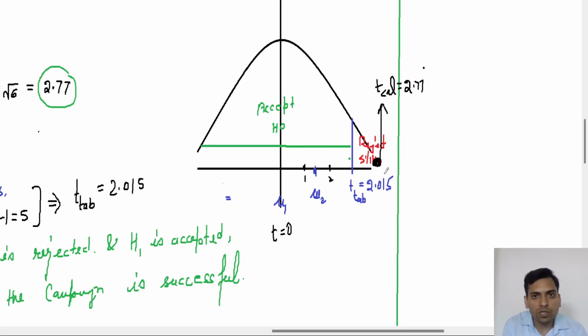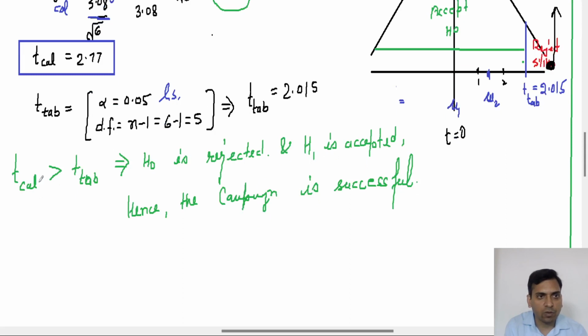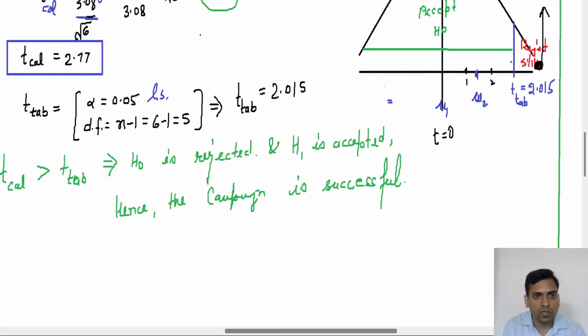So this is also in the rejected region of H0. This means H0 is rejected. So we will write that the t calculated value is greater than t tabulated. As per this location, this is t tabulated and this location is t calculated, which is greater than this. So in that situation, H0 is rejected and H1 is accepted.